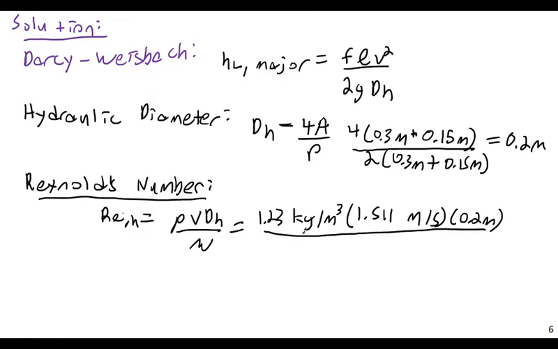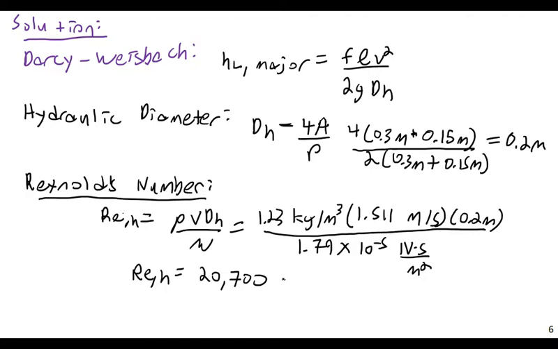And then you can divide this by mu, which is 1.79 times 10 to the negative fifth Newton seconds per square meter. And I get a Reynolds number hydraulic equal to 10,700, which is of course greater than our 4,000, so therefore this is going to be turbulent.